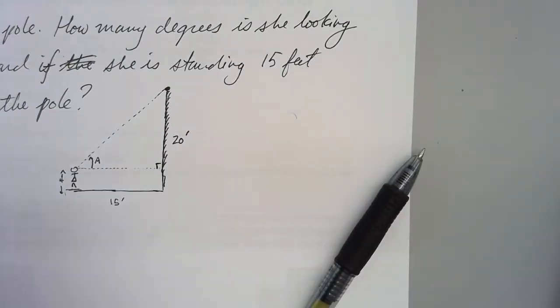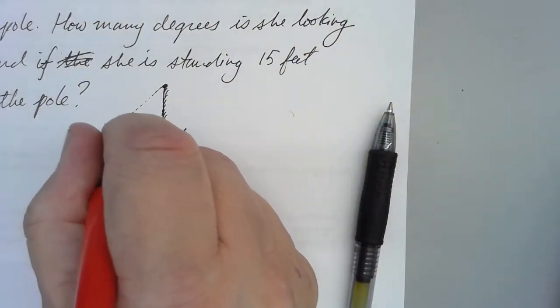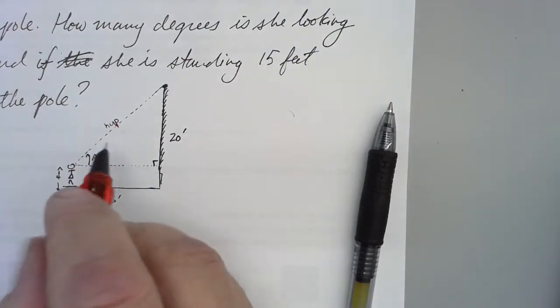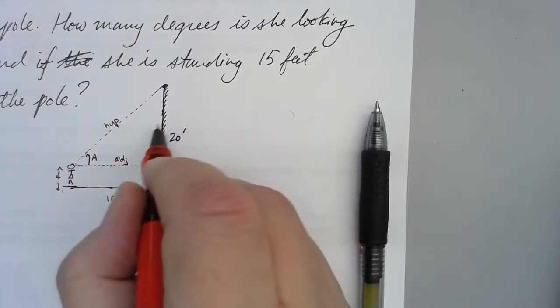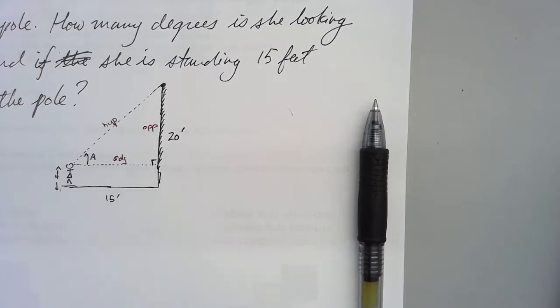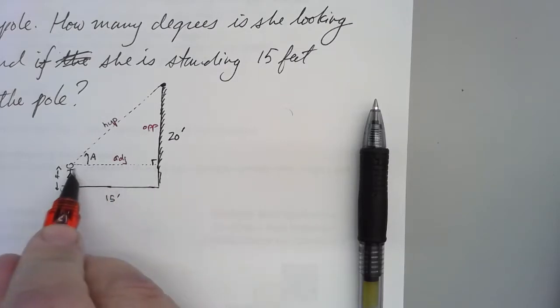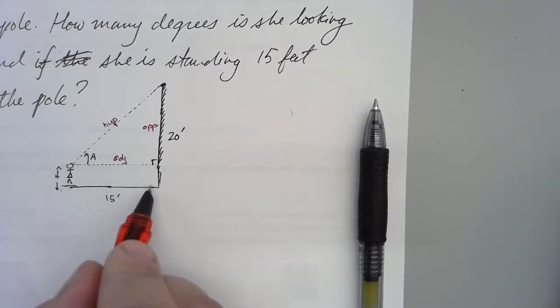So when I label this, this of course is hypotenuse here. It's across from the right angle. My angle is here, so this is adjacent. And across from the angle, we'll find the opposite side. So I know the adjacent here is this full 15 feet from where Julie is standing to the pole.